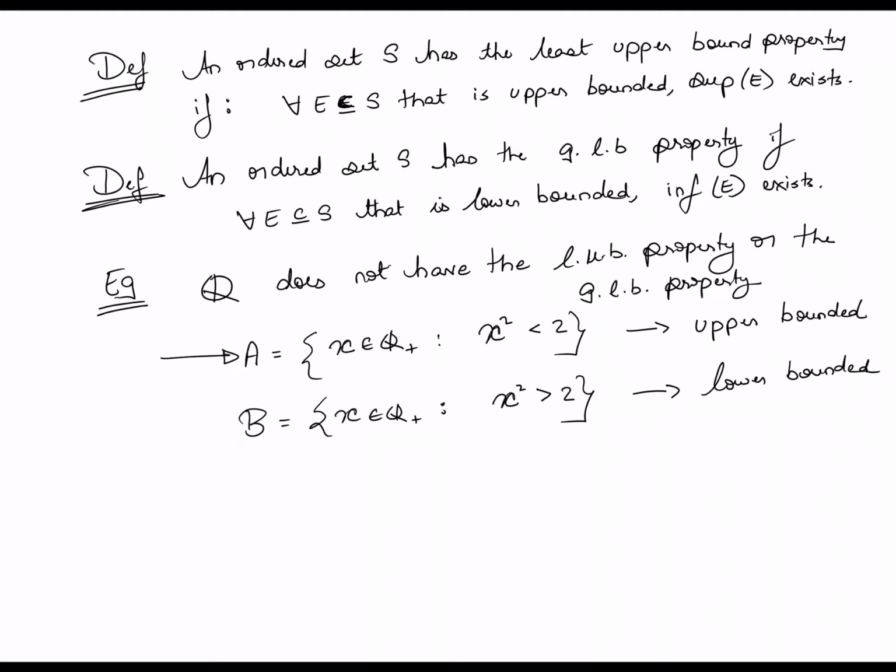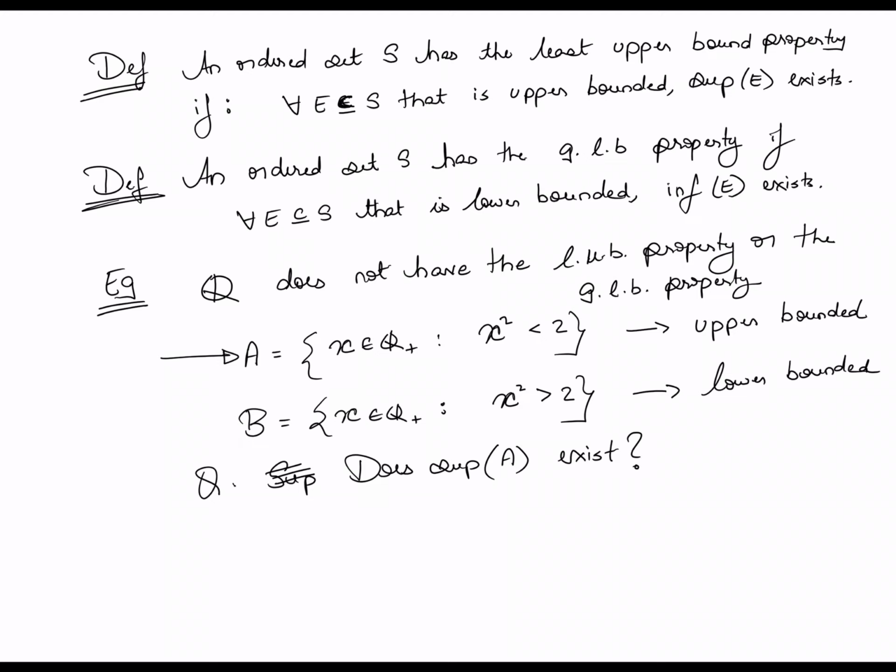So I want you to think about this for a moment before I give you the answer. Based on the properties that we proved, the sup of A, in fact, does not exist.